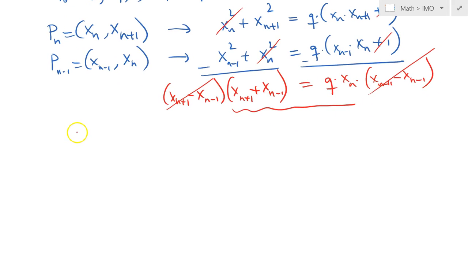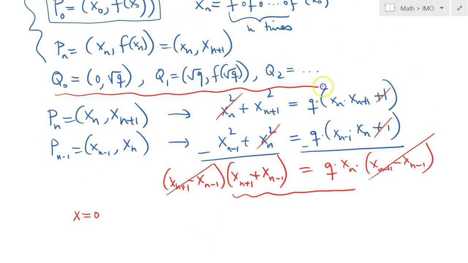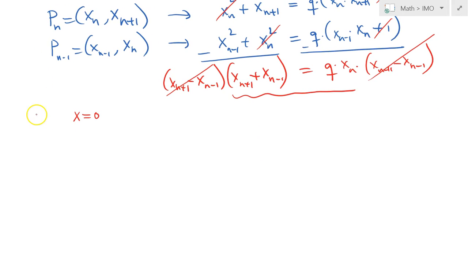Just to show an example, notice that if you start with x equals 0 as your starting point, remember we wanted to start with this Q sequence that works. So let this Q sequence be the sequence of lattice points. If you start with Q sub 0 such that x is equal to 0 and y is equal to L, remember that Q is a perfect square, Q is equal to L square, then the next point will be found using the recursion.